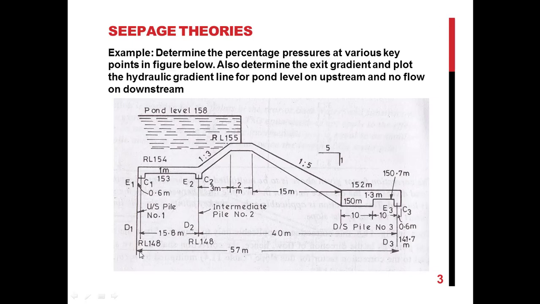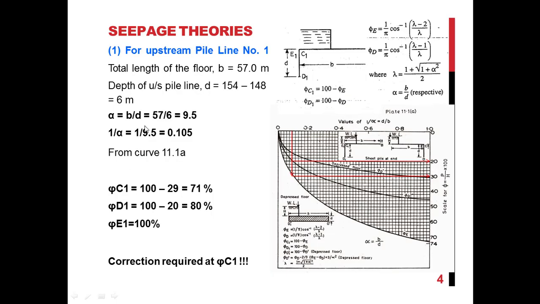The reduced level is 148 at the bottom and 154 on the top, so by subtracting 148 from 154, we get the total depth of the sheet pile on the upstream side, which is 6 meters.